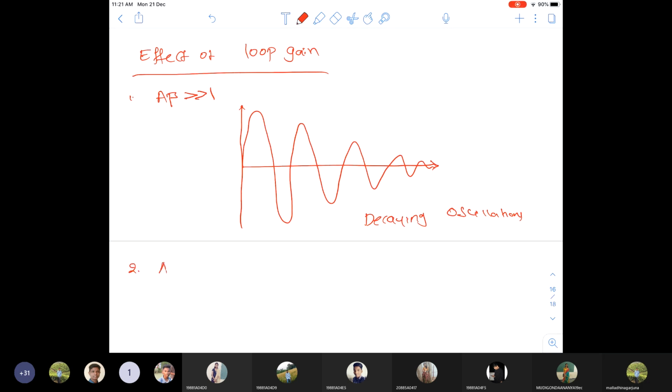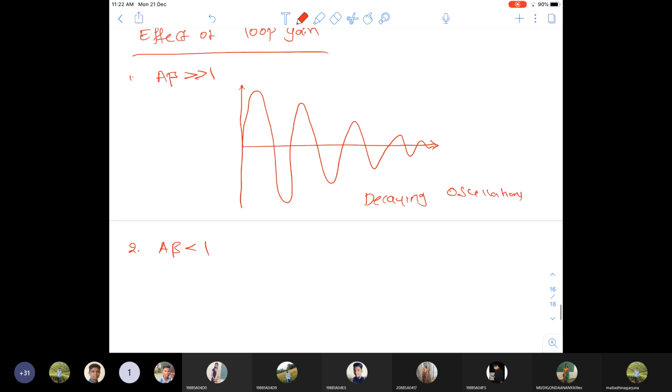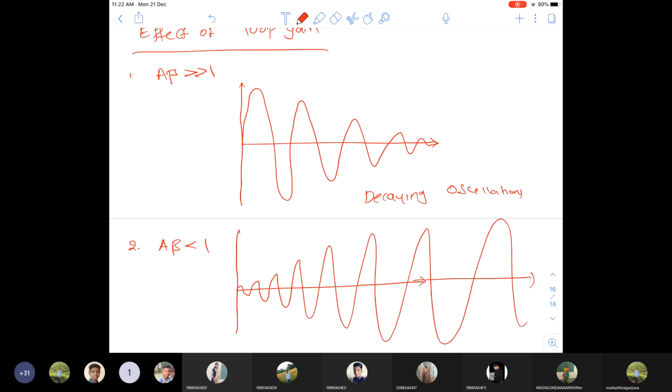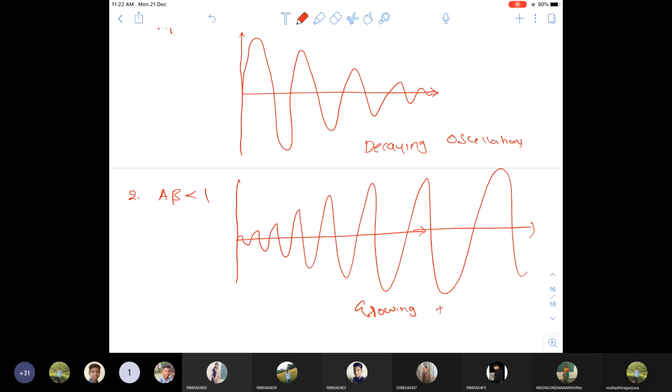And second case, if A beta is less than 1, like this, this is growing type. Growing oscillations.